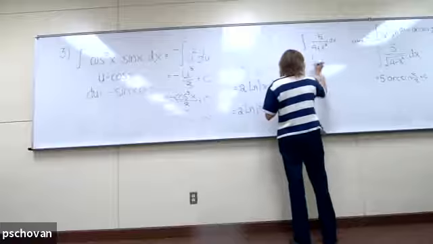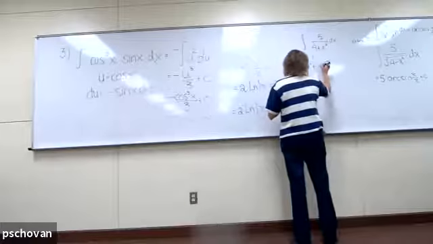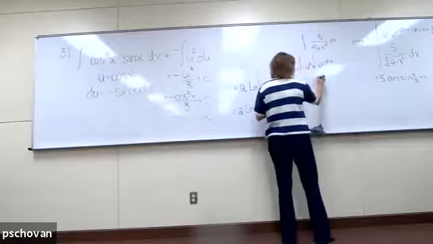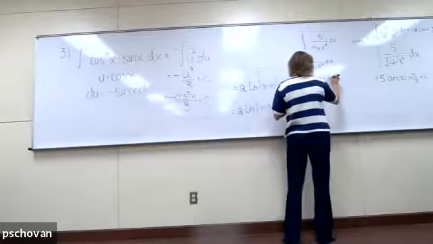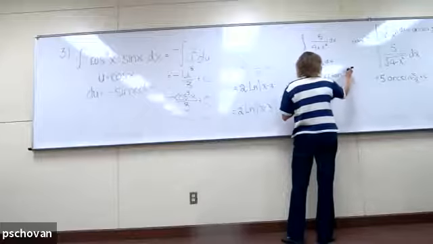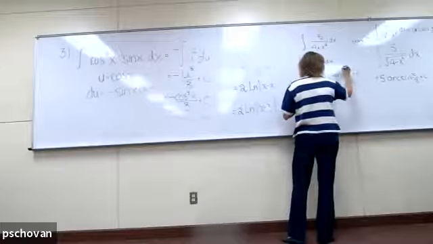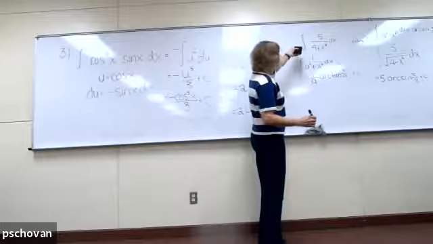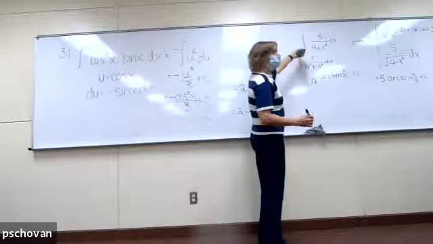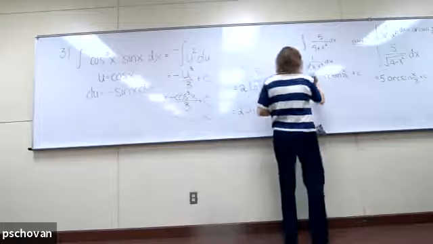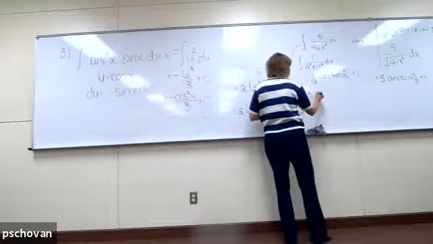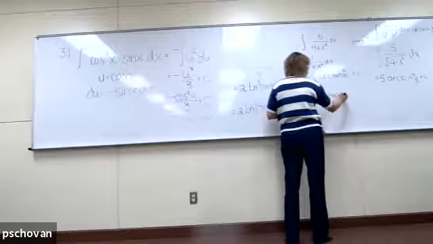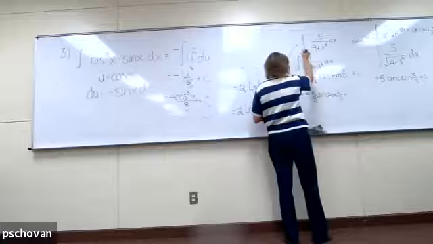The integral of 1 over a squared plus x squared is an inverse tangent, and that one has a 1 over a out front, and the arc tangent of x over a right here. So in this case, we would have 5 times 1/2 the arc tangent of x over 2. So that's a known integral.